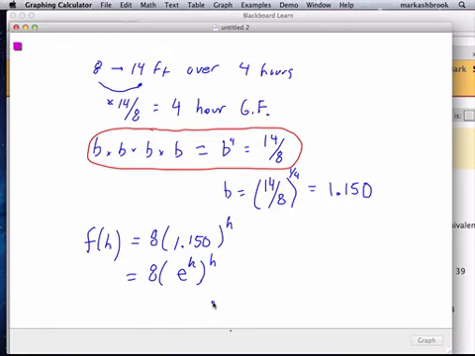So we want to rewrite it in that form. Therefore, this growth factor 1.15 is the same as e to the k. And k is what we call the continuous rate.